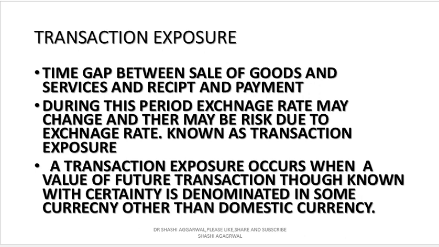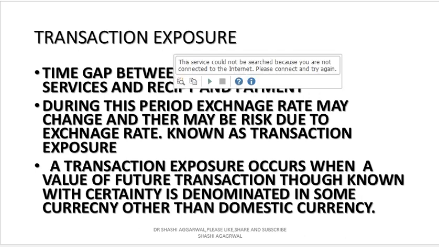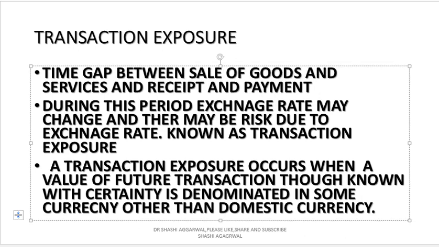In transaction exposure, there is a time gap between the sale of goods and services and the receipt and payment. During this period, the exchange rate may fluctuate, and we could have a risk due to the exchange rate, which is known as transaction exposure.